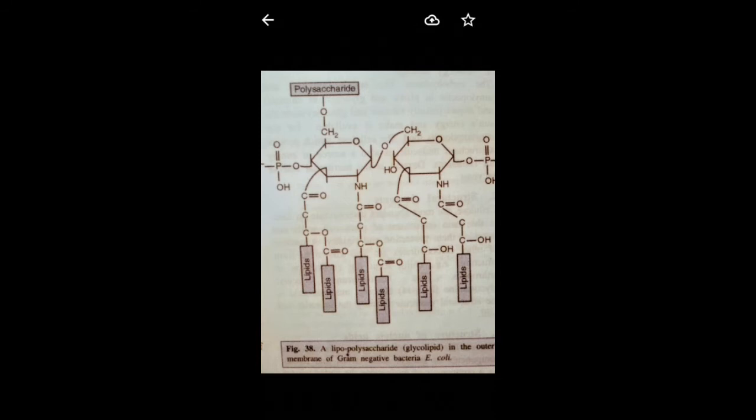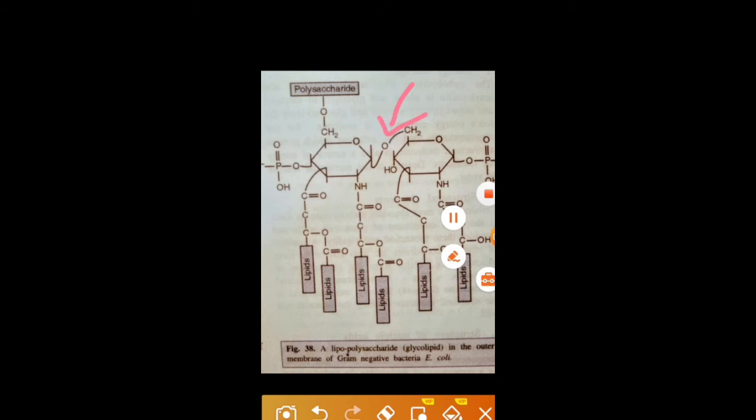The lipopolysaccharide has six fatty acids joined to two glucosamine residues, which are themselves joined by an alpha 1,6 linkage. There are six fatty acids here which are joined to these two.